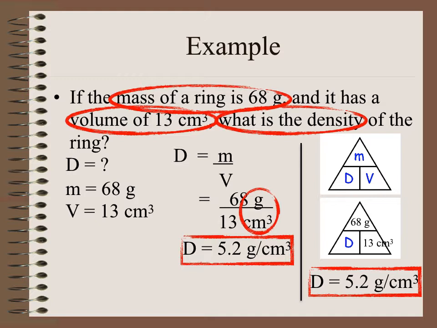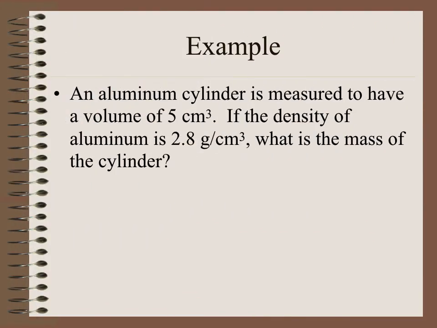Now let's take a look at an example where we're not solving for the density, but the mass. So it says, an aluminum cylinder is measured to have a volume of 5 cubic centimeters. If the density of aluminum is 2.8 grams per cubic centimeter, what is the mass of the cylinder? So, as I said, we're looking for the mass. Now, in this case, we are looking for the mass, but you now have 2 formulas that involve mass, the weight and the density.